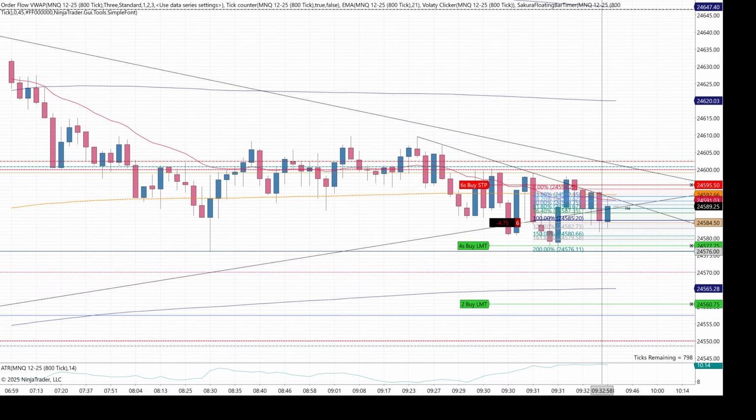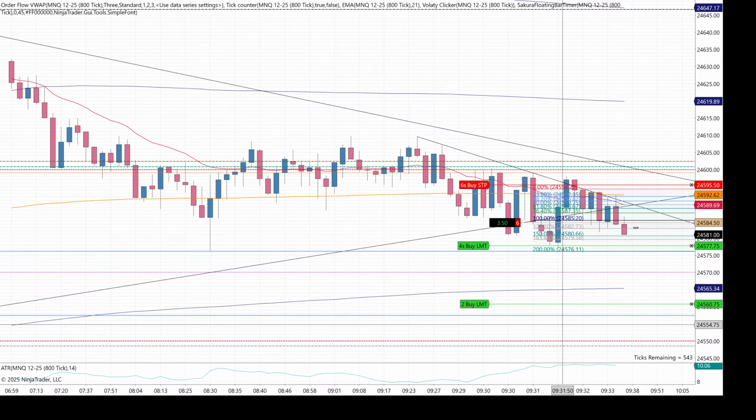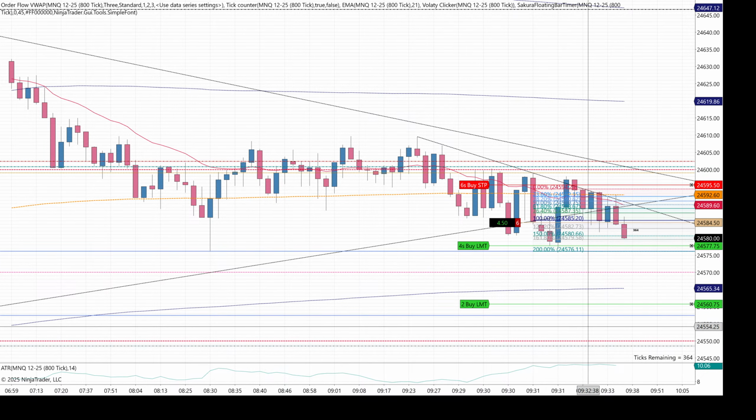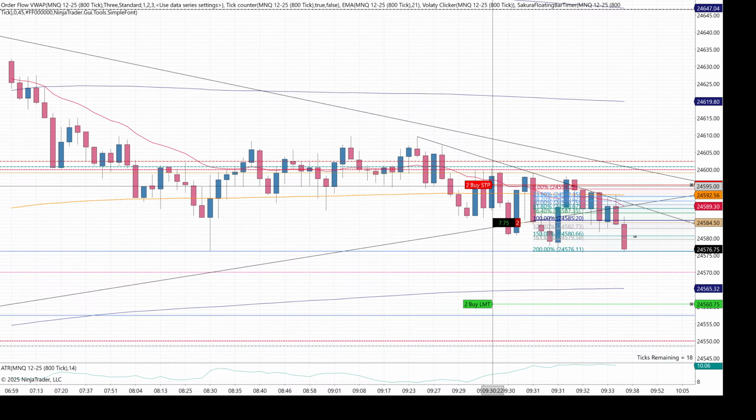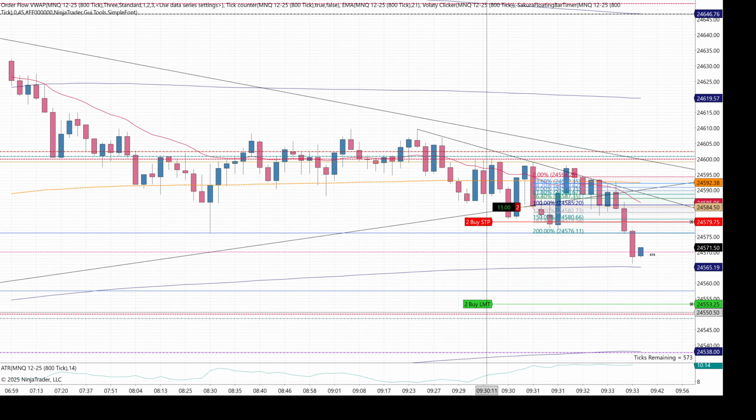Probably going to be a stop loss here unless VWAP holds. Come back down. All right. Almost, there we go. All right. Got a runner.